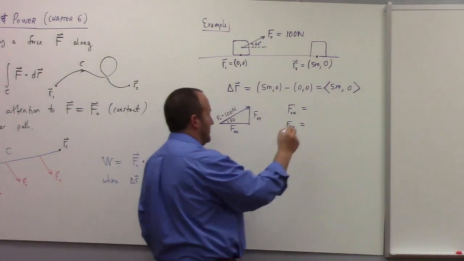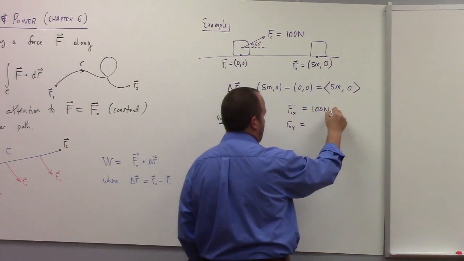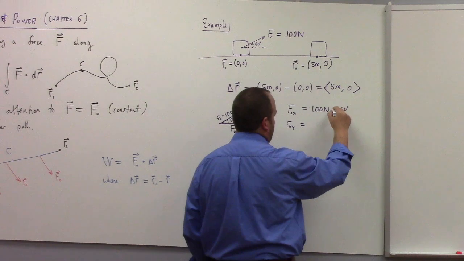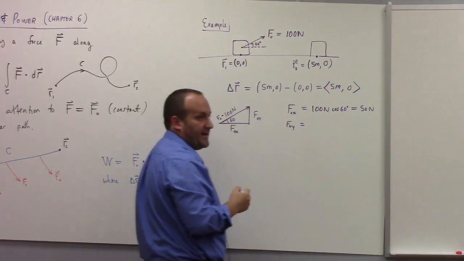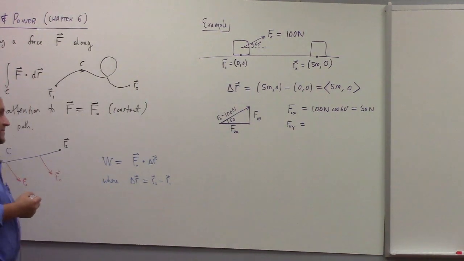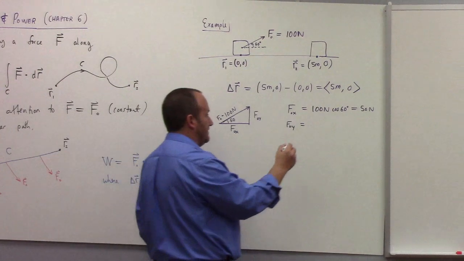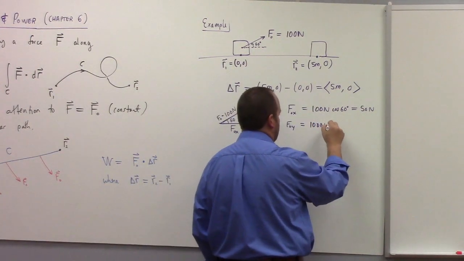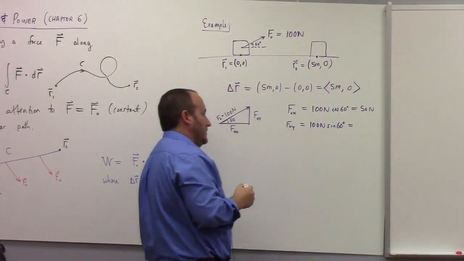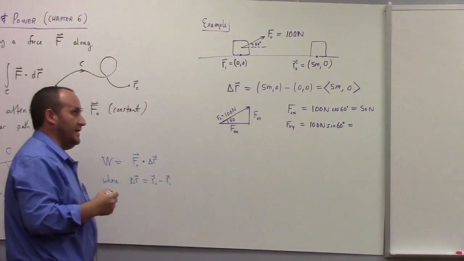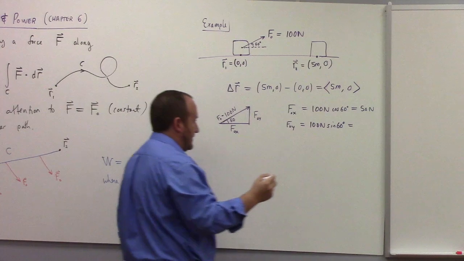Yeah, I heard 100 cosine 60, 100 newtons times the cosine of 60 degrees for x, which is 50 newtons. Cosine of 60 is a half. And then 100 newtons times sine of 60 gives me the vertical component of the force, 86.6 newtons, something like that.